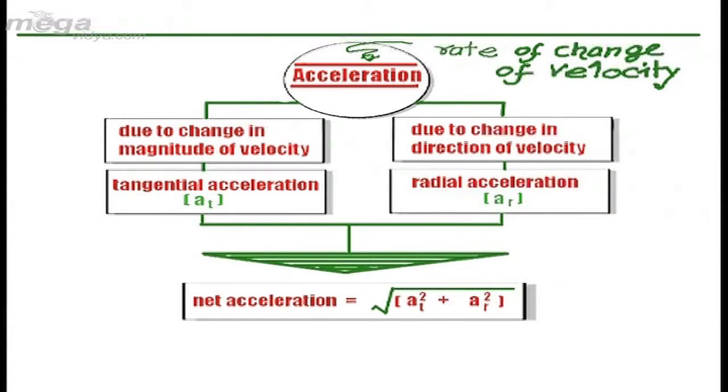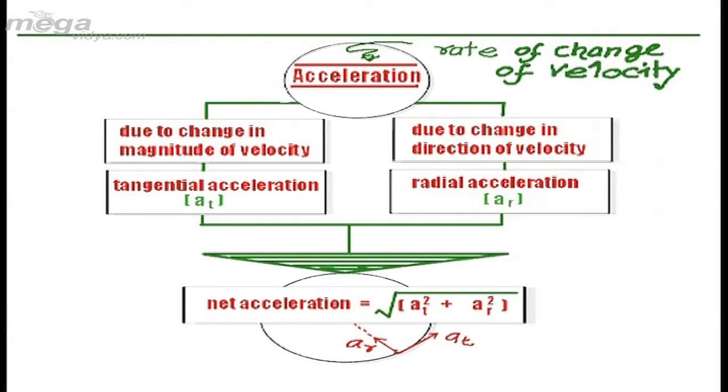If we combine both accelerations for a particular particle, then the net acceleration of the particle is the square root of the square of tangential acceleration plus the square of radial acceleration. This is the net acceleration of any particle.